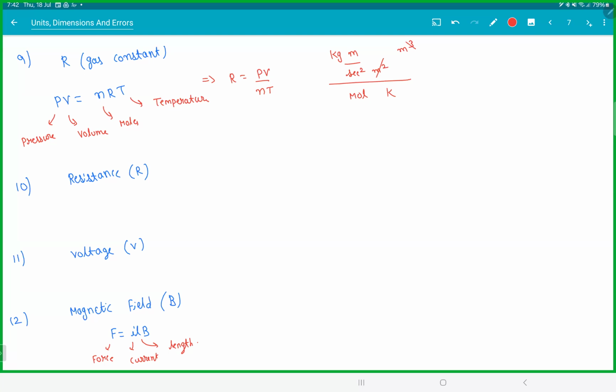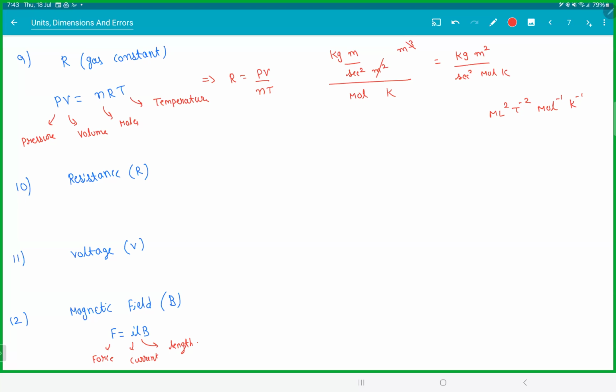So this goes off, and you end up with kg meter square by second square mole Kelvin. So this will be M L square T minus 2 mole inverse Kelvin inverse. It has 5 dimensions. It has mole, Kelvin, everything. So these are the kind of things. It's not always going to be in terms of just MLT.